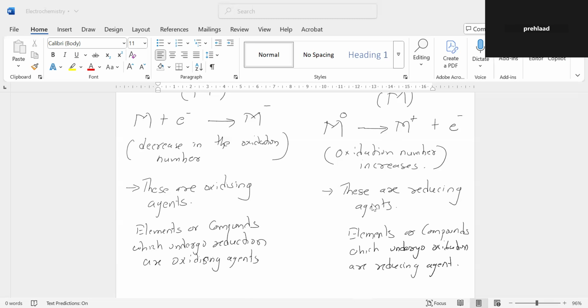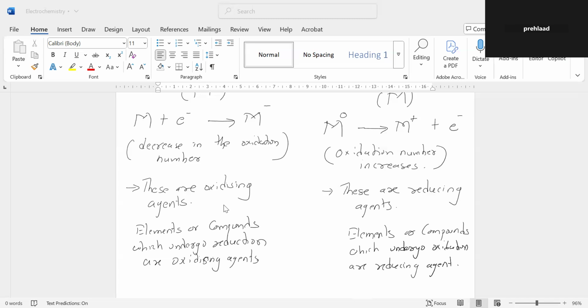Who carries out reduction? You need a reducing agent to carry out reduction. That means you need something which can take electron. An oxidizing agent is someone who will lose the electron. Does that make sense?